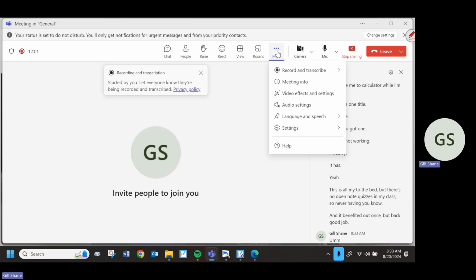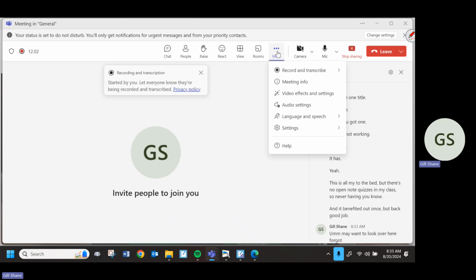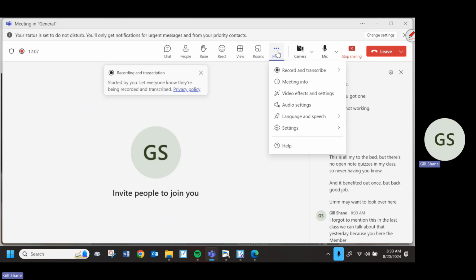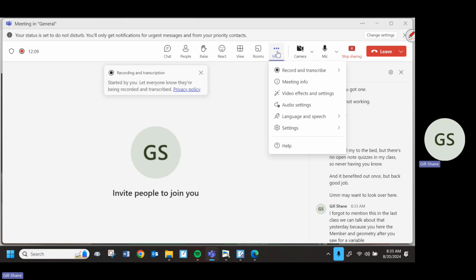May want to look over here. I forgot to mention this in the last class. We talked about that yesterday for those of you who were here. Remember, in geometry, after you solve for a variable, you need to make sure you read the question.